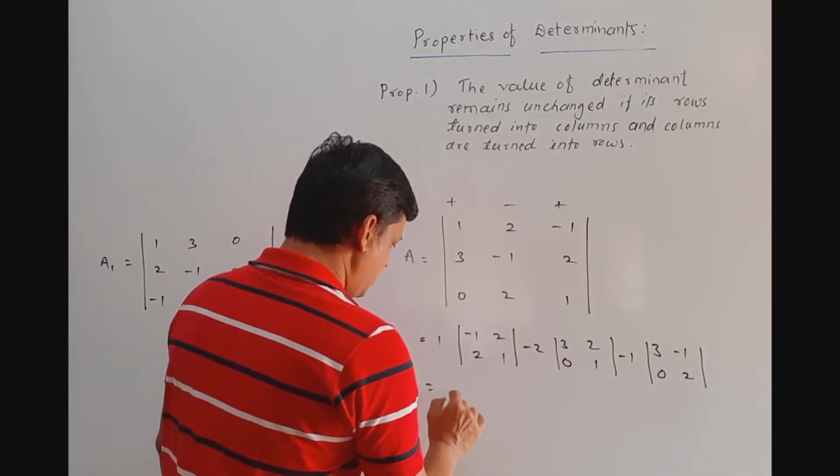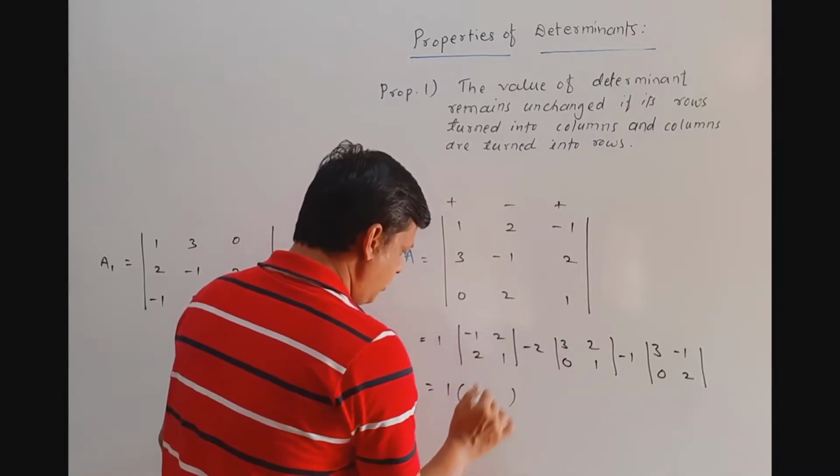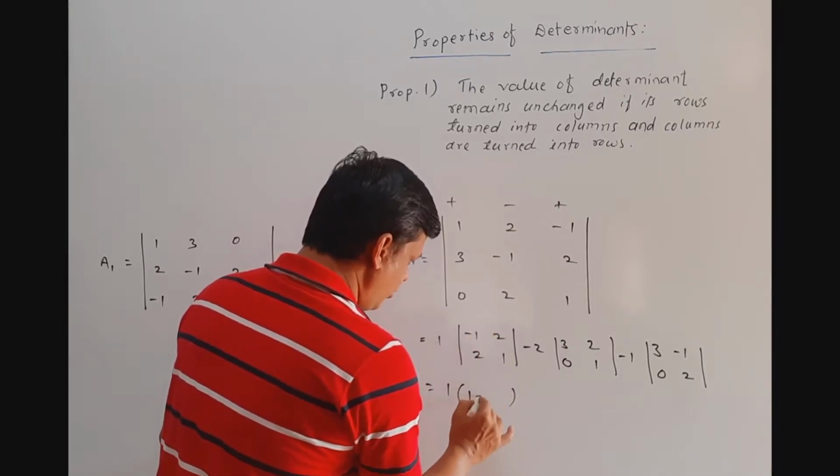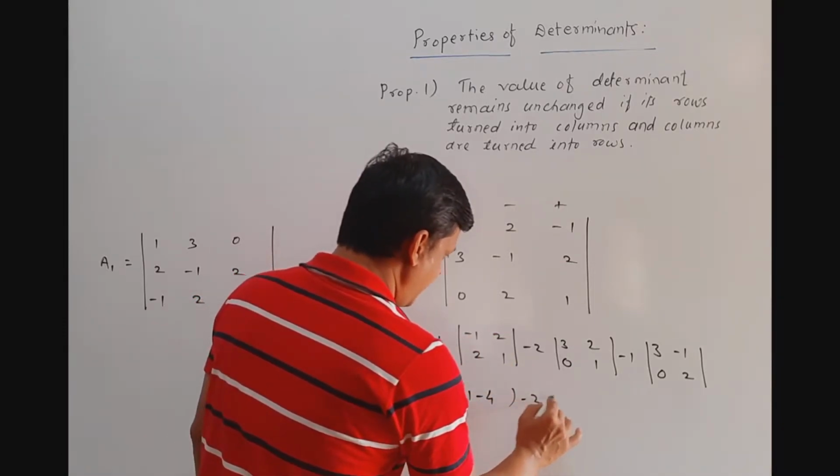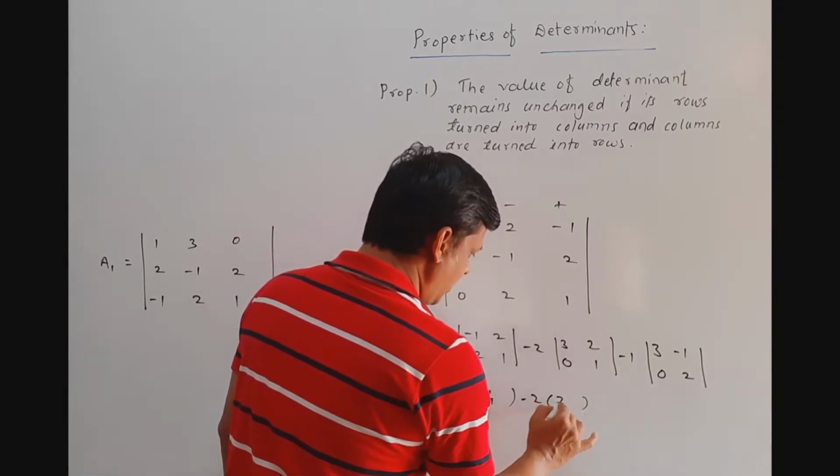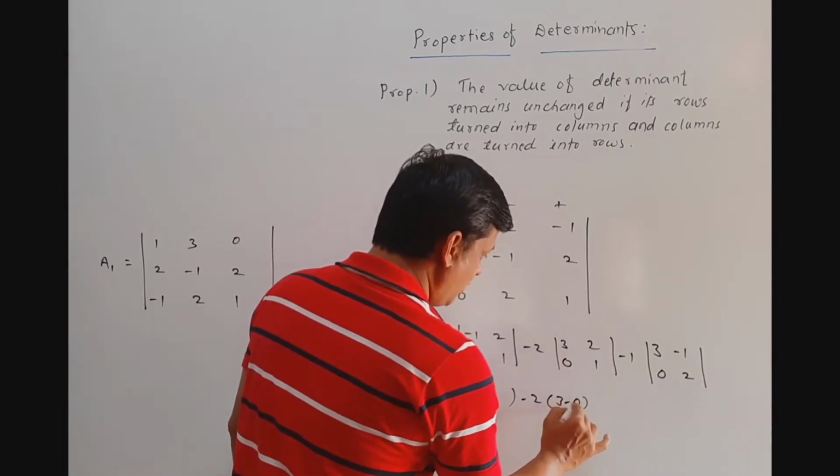Now calculate this value. Minus 1 into 1 we get minus 1, 2 into 2 is 4. So 1 in bracket, minus 1 minus 4 which is minus 5. Minus 2 in bracket, 3 into 1 is 3, minus 0 into 2 is 0.